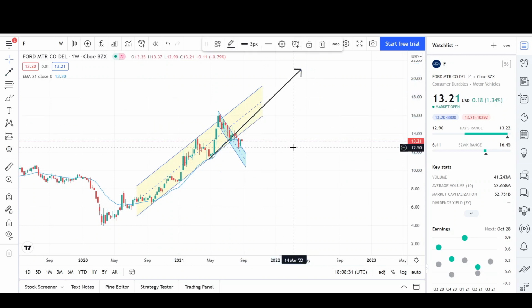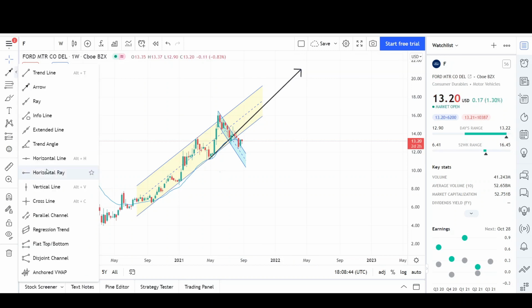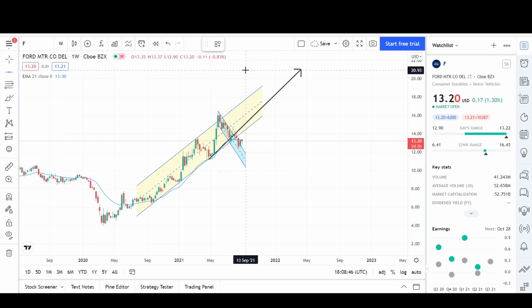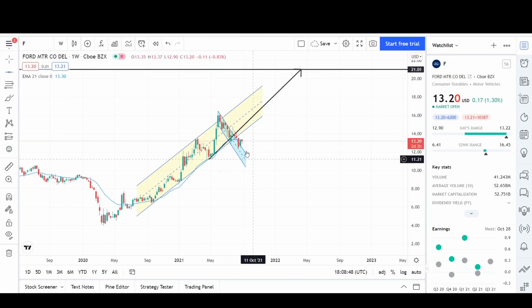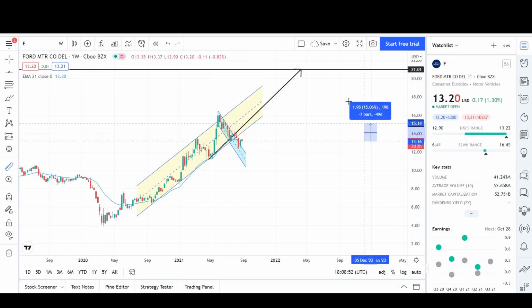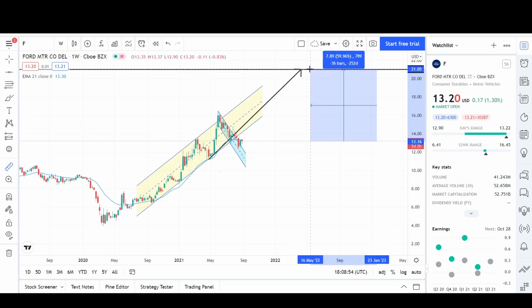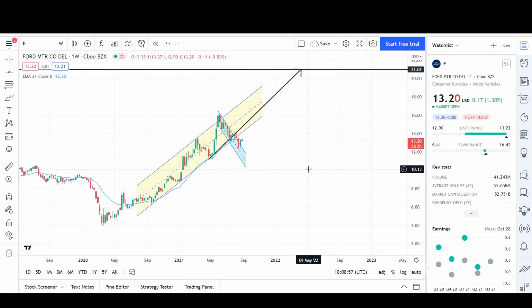So that would be the target that I expect price to reach, this $20 level, or the high $20 level, the low $21 level. So that's the level I expect price to reach if it does continue higher and higher past those previous targets I discussed. And that would be about from the $13 level to this $21 level. That's about a 60% gain.